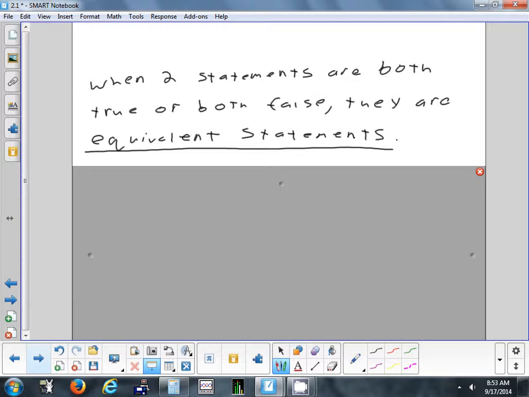So I mentioned this term before, equivalent statements. If you have two statements that are either both true or both false, we say that they are logically equivalent. An example from the last three we just did: if two segments are congruent, then they have the same length. The original and its converse, in that case, happen to be logically equivalent.